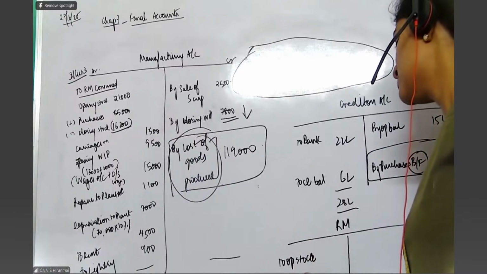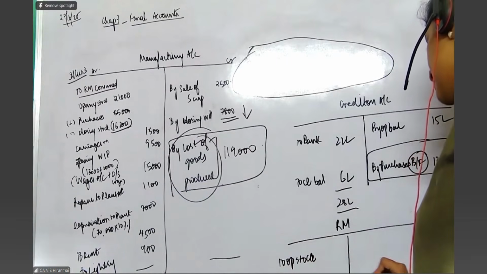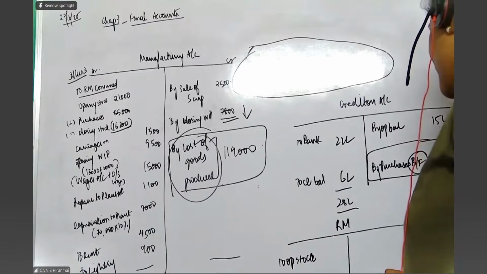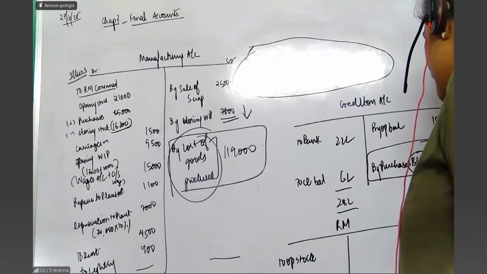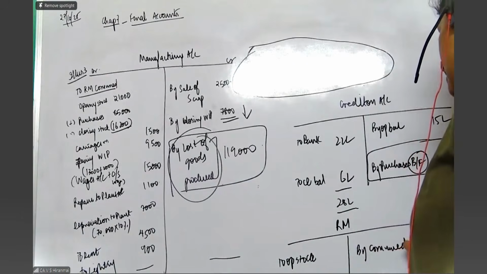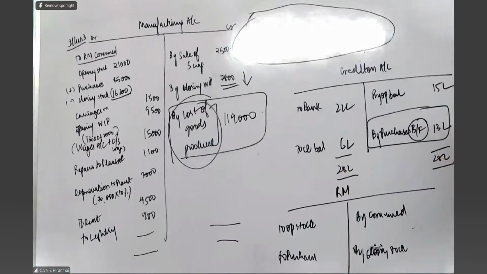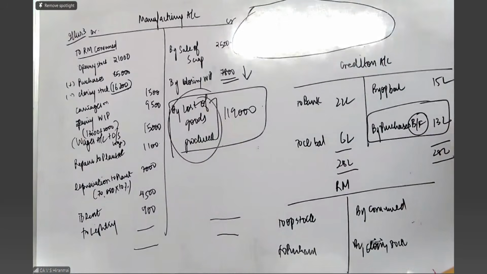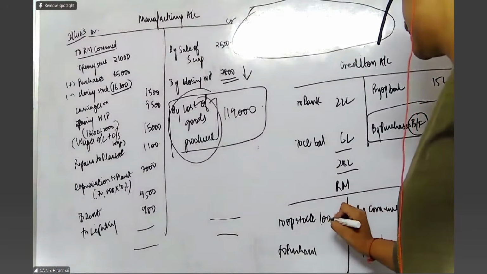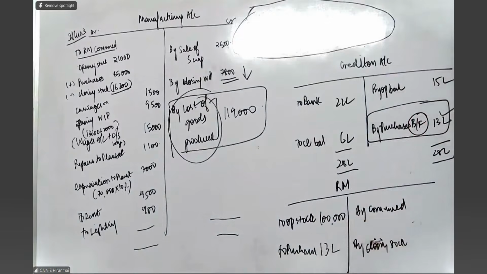This is purchases which comes from the creditor account. This is by closing stock, and this will be the consumed part. Now you know only the opening stock for the raw material. What is the opening stock given? Only 1 lakh rupees. Now from this, I will take 13 lakh here.